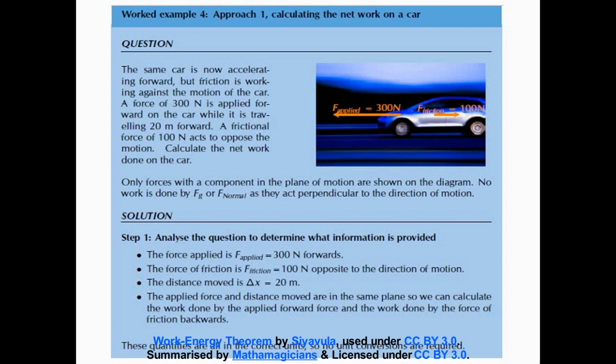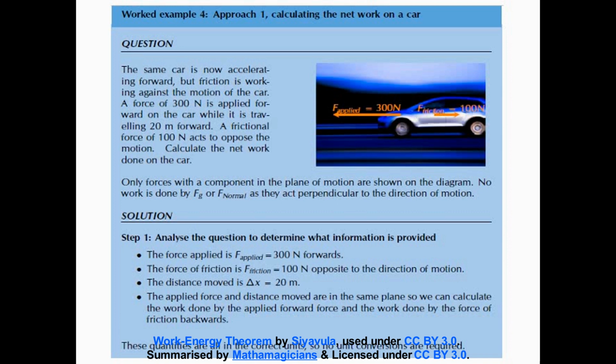A frictional force of 100 newtons acts to oppose the motion. Calculate the net work done on the car. Only forces with a component on the plane of motion are shown on the diagram. No work is done by Fg or the normal force as they act perpendicular to the direction of motion.